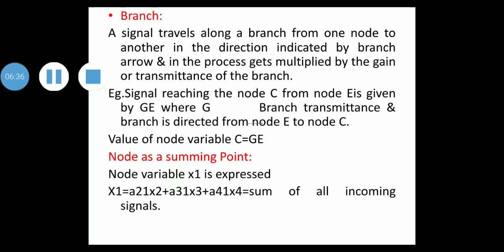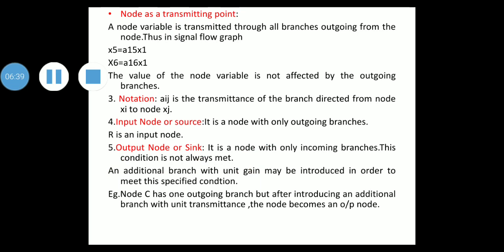Now we'll see the notation Aij. Aij is the transmittance of the branch directed from node xi to node xj. Next, input node or source.